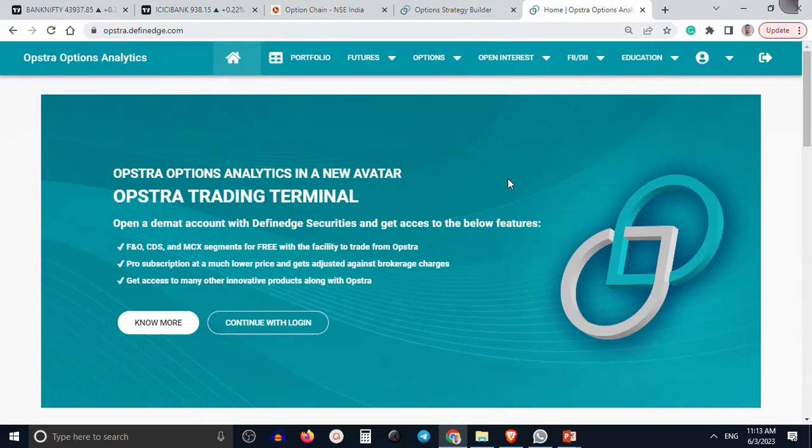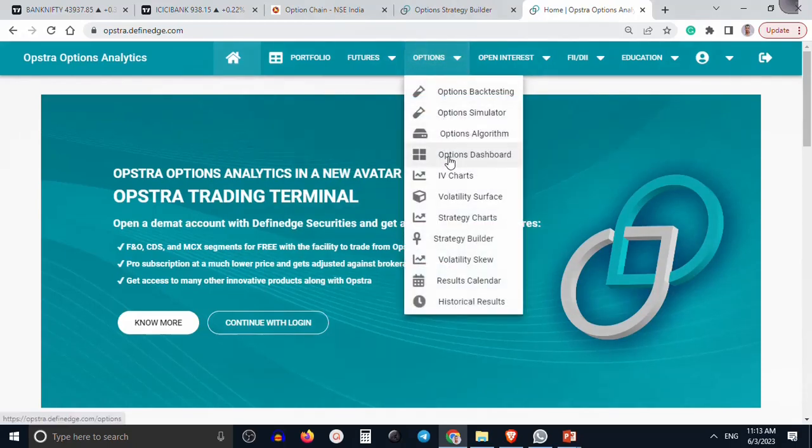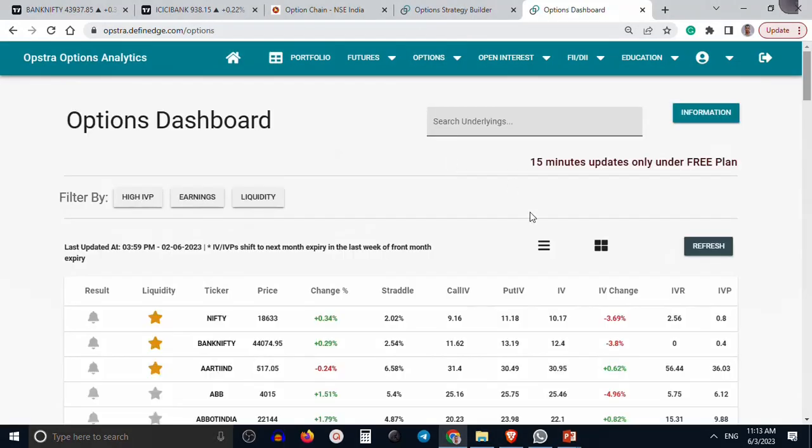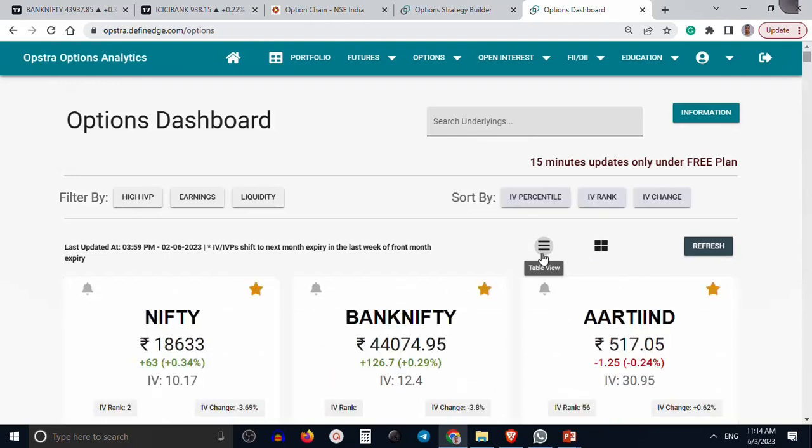I'm using Opstra to find the implied volatility percentile. Here, you just go to Option and click on Dashboard. After that, you click on table view or tile view. Let me click table view.